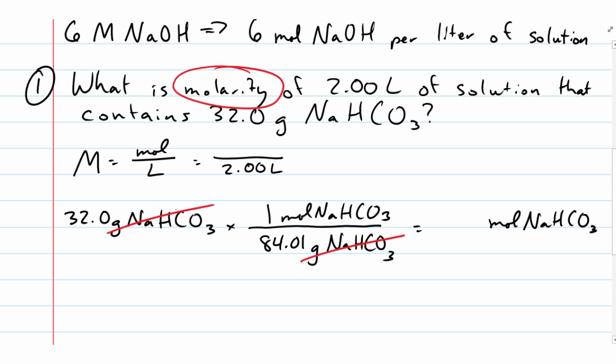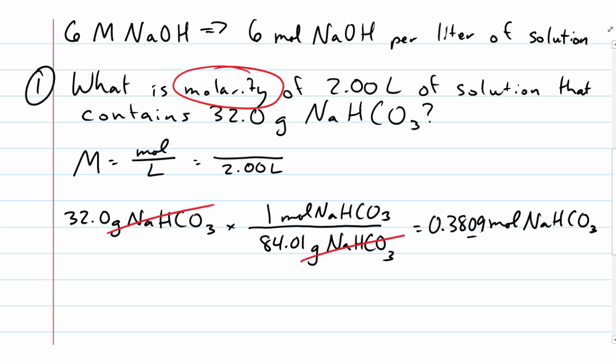We then go to our calculators and we calculate 32 over 84.01. And we'll carry along an extra digit at least for right now. We come up with 0.3809.